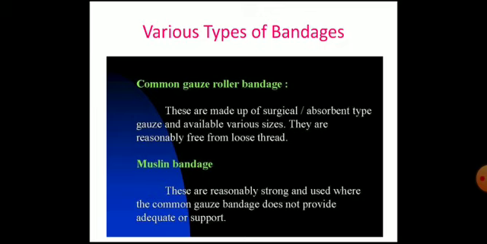This is made up of surgical absorbent type gauze available in various sizes. They are generally free from loose thread. Muslin bandages are reasonably strong, used where the common gauze bandage does not provide adequate support.